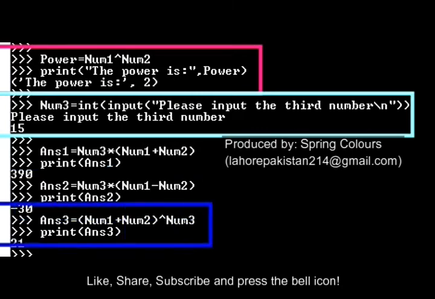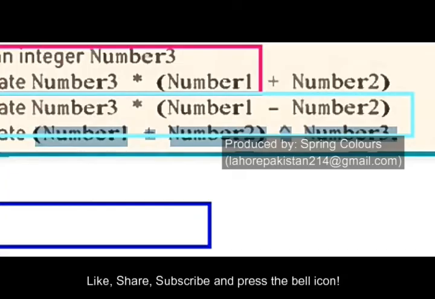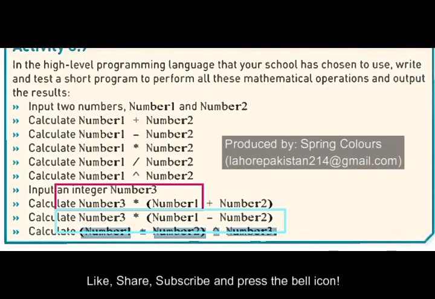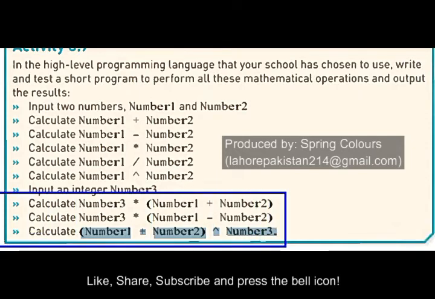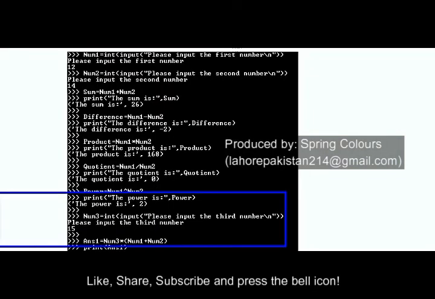And then you will write the third and last formula, save it in answer3, and print answer3. You can see from the book that these are the last three formulas, which I have written one by one on the Python screen over here.